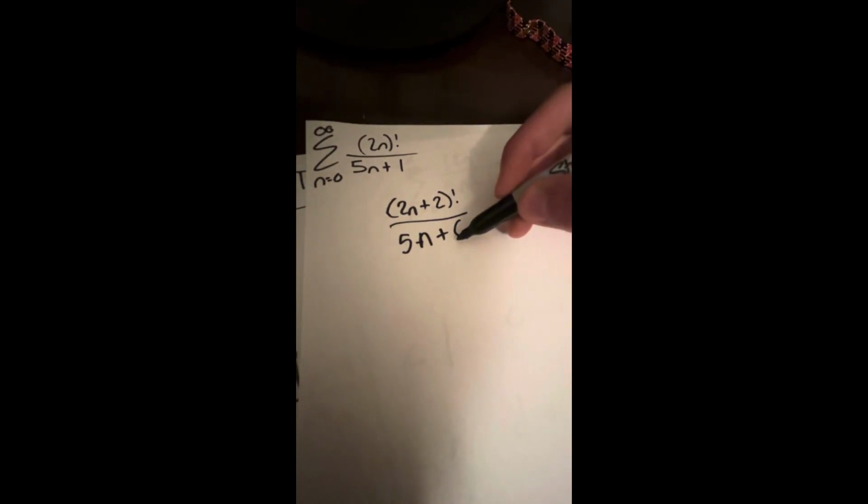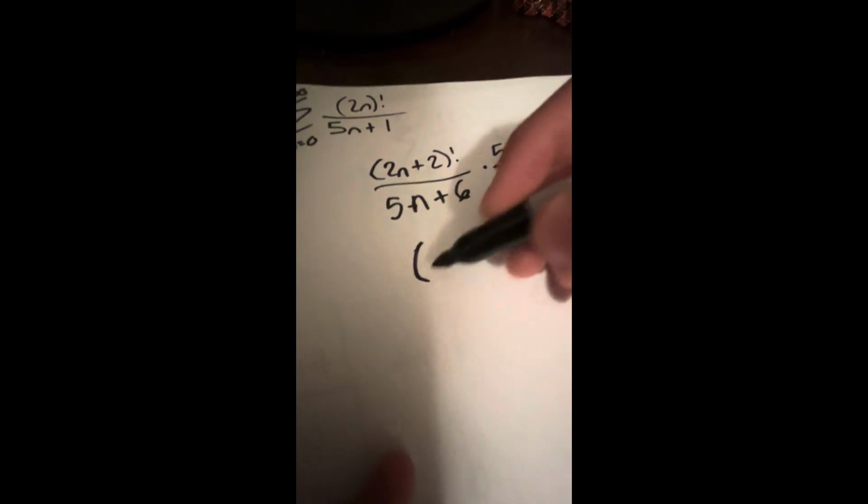If you factored it out, it'd be 5 times n plus 1 over 5 plus 1, that's n plus 6/5. Multiply the 5 back in, that's 5n plus 6. So that's a sub n plus 1. So if we're going to divide that by a sub n, we can really just multiply that by the flip of a sub n.